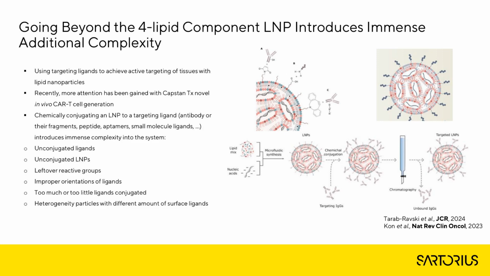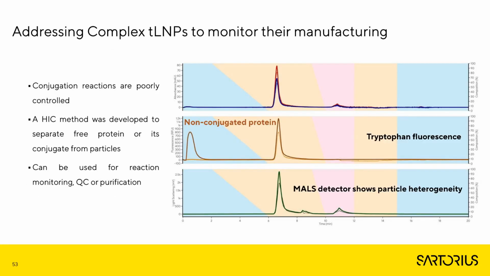And then also you want to say something about the orientation and the stability of such particles and surface ligands, so that you can properly monitor your process of manufacturing such systems.